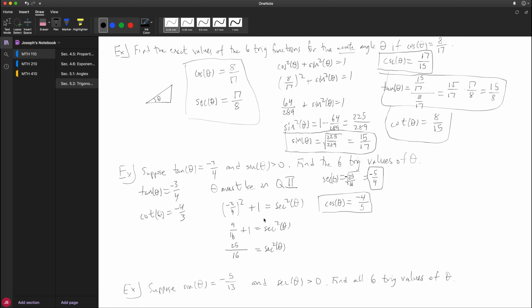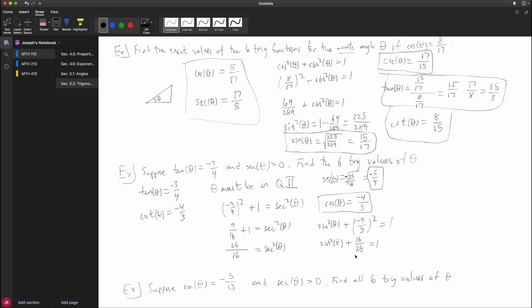So if you like to find sine, we know that sine squared theta plus cosine squared theta has to equal 1. And if we solve this, we get sine squared theta plus 16 over 25 equals 1.